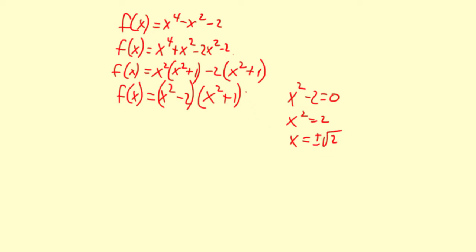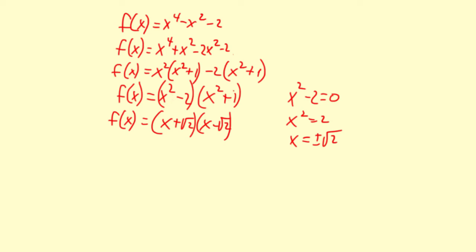So then what I can do is I can write the factors out like this. Like that. Okay, so that is x squared minus 2 completely factored.